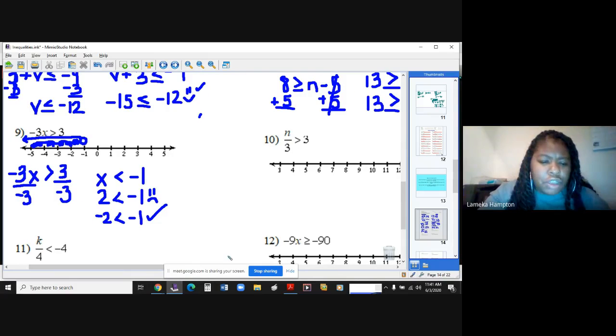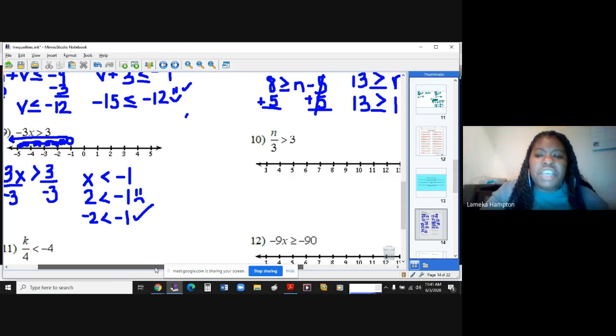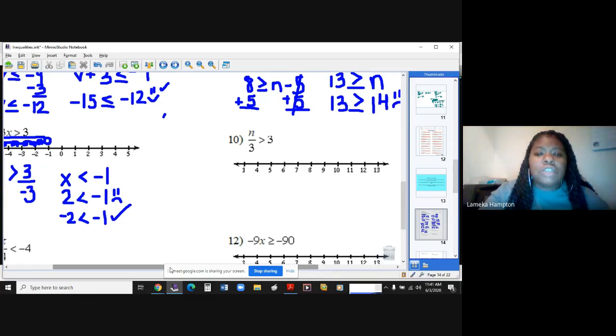All right. Number 10. Number 10 is a division problem. Because it's a division problem, I am going to do the inverse operation and multiply. The good news is I'm only dealing with positive numbers, so that works out. When I do that, we know 3 times 3 is 9.